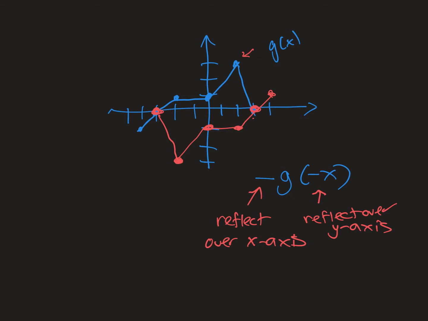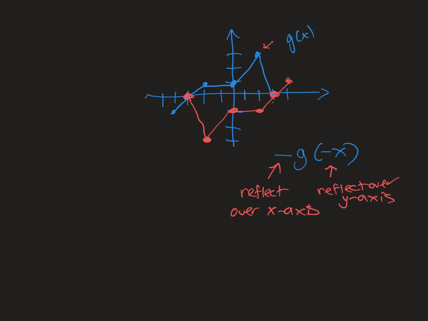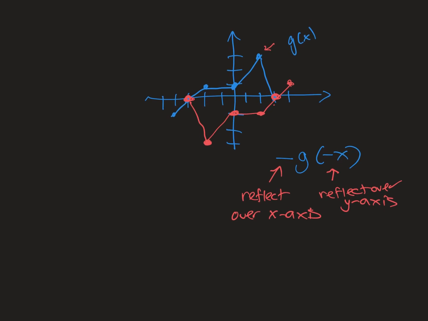Okay. Let's do one more here because this can be confusing, I feel like. What about if I asked you to do, let's say, the transformation g of 2x minus 1. Well, let's write out what I would do for each point.